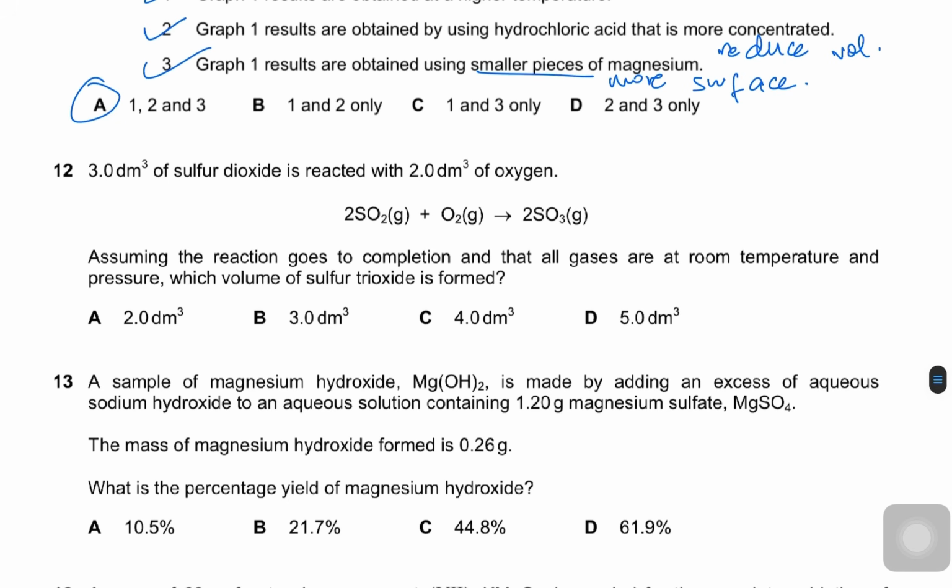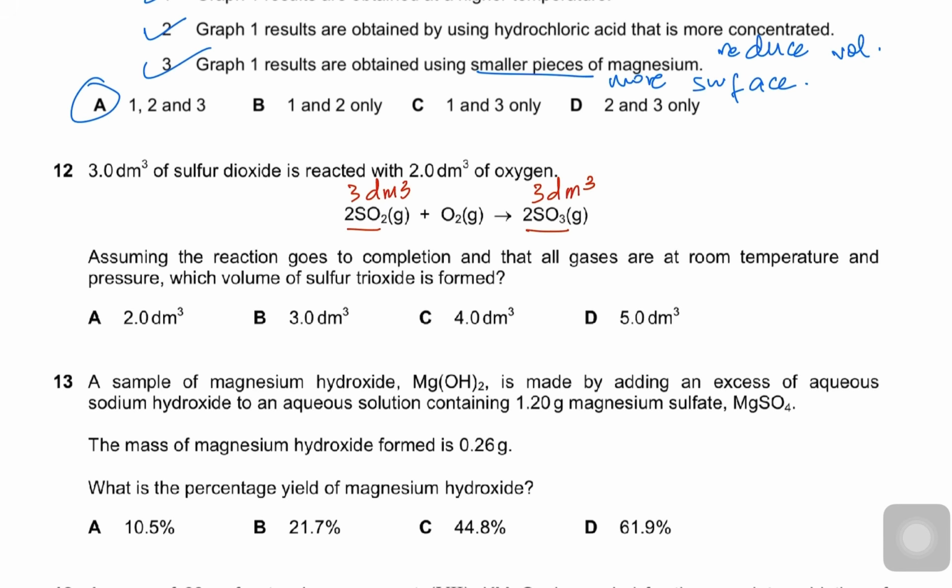3 decimeter cube of sulfur dioxide is reacted with 2 decimeter cube of oxygen. Assuming the reaction goes to completion and that all gases are at room temperature and pressure, which volume of sulfur trioxide is formed? Now notice, 2 sulfur dioxides make 2 sulfur trioxides. So 3 dm cube of sulfur dioxide will make 3 decimeter cube of trioxide.